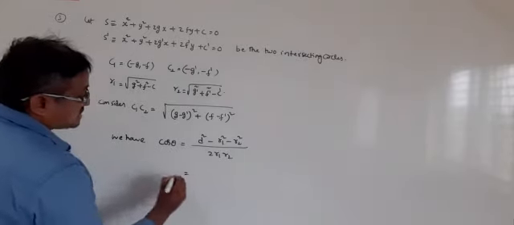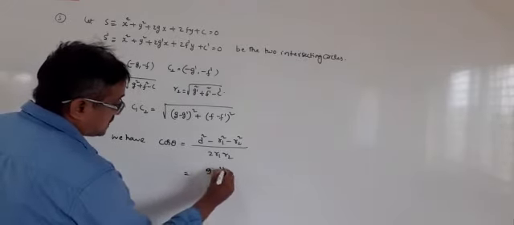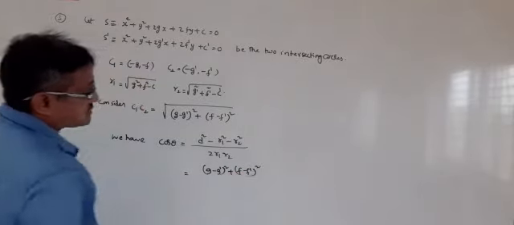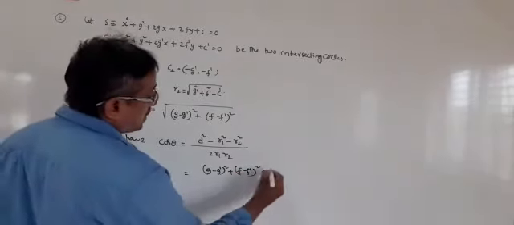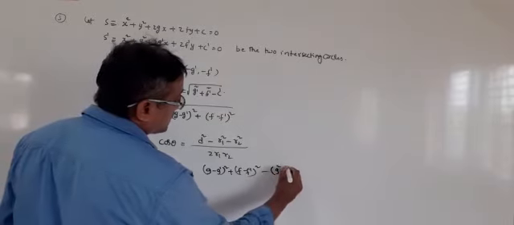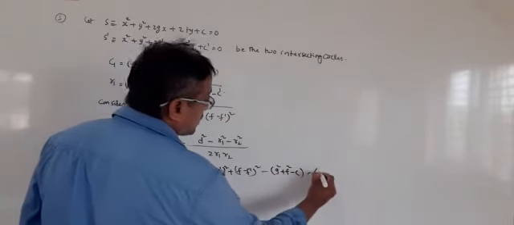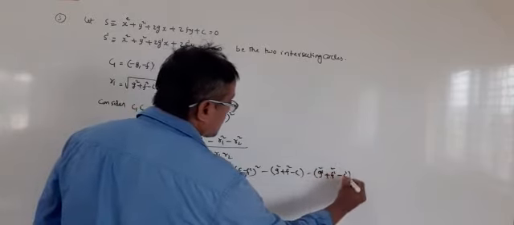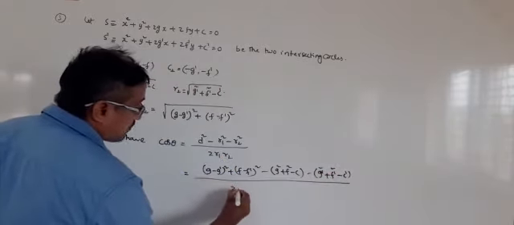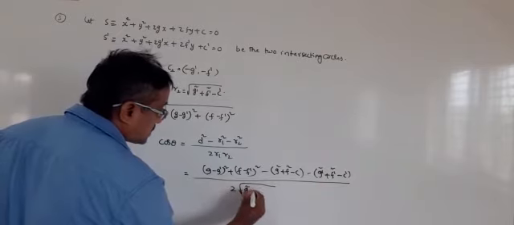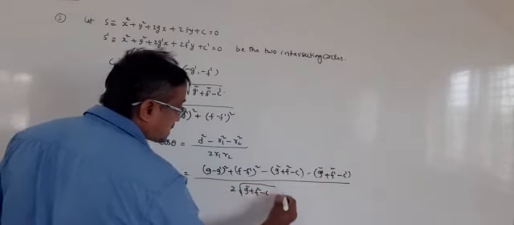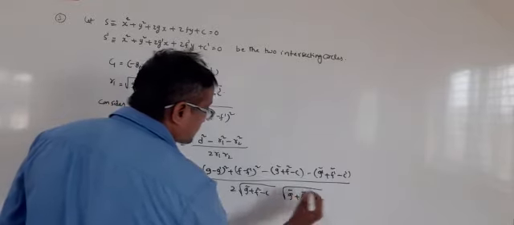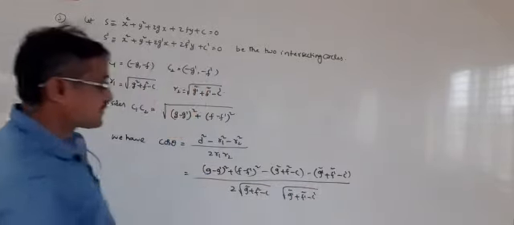So d square is g minus g dash whole square plus f minus f dash whole square, minus r1 square, which is g square plus f square minus c, minus r2 square, which is g dash square plus f dash square minus c dash, by 2 into root of g square plus f square minus c, root of g dash square plus f dash square minus c dash.